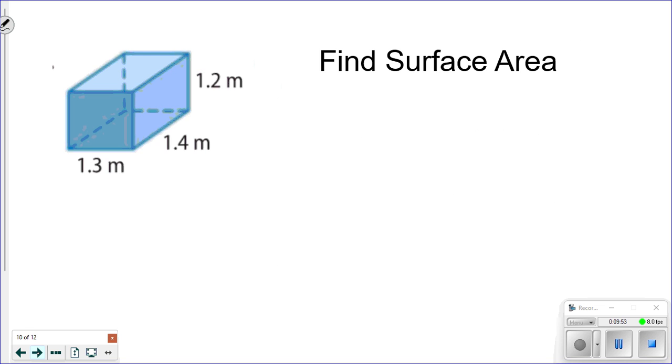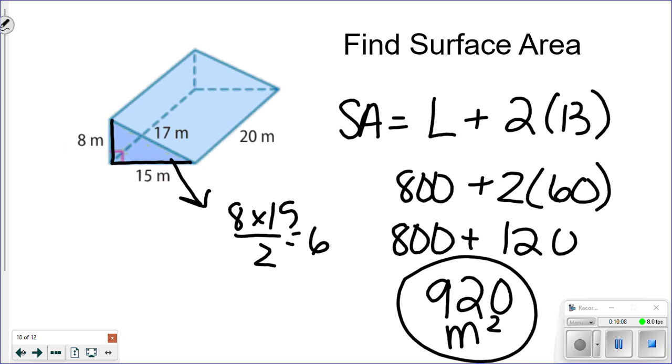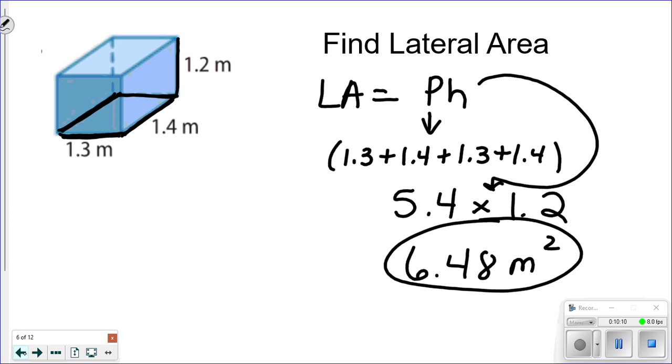All right. So let's find the surface area. Okay, first we're going to find the lateral area plus 2 times the base. And we did this one already also. We found the lateral of this one back here, and I'm going to flip to it. We said 6.48.